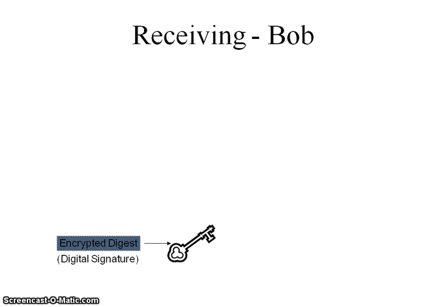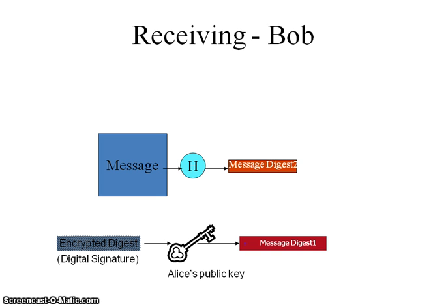When Bob receives that message, how can Bob see whether this message is tampered with by any other person or not? For that, first of all, the encrypted digest is decrypted using Alice's public key. Then the message digest is compared with the hash generated from the original message.